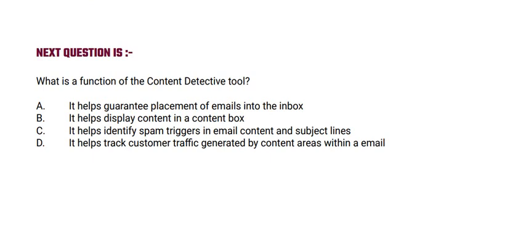Option C, it helps identify spam triggers in email content and subject lines. And option D, it helps track customer traffic generated by content areas within an email. The correct option is option C.